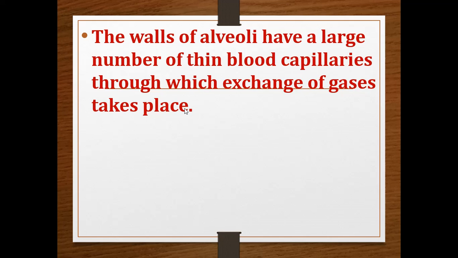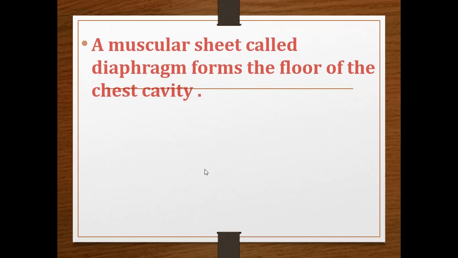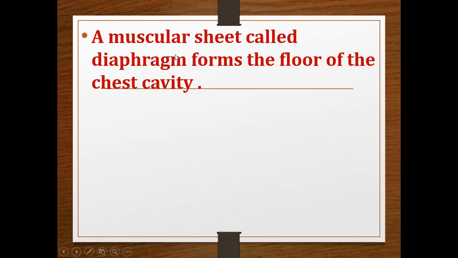Lungs are situated in the chest cavity and are protected by the rib cage. A muscular sheet called the diaphragm forms the floor of the chest cavity.